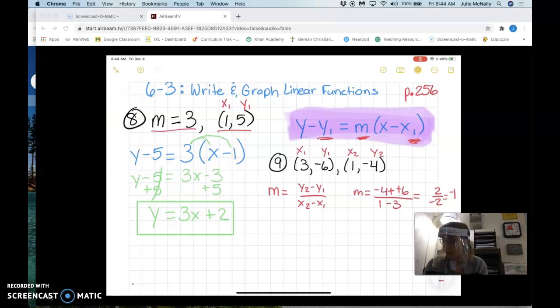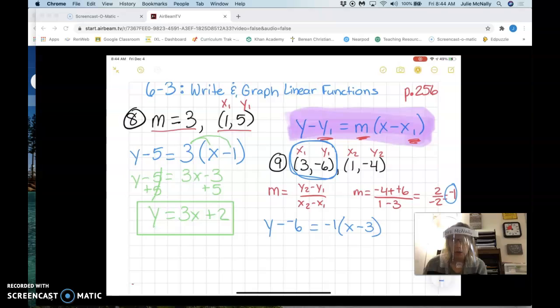Okay, just checking my math. And then I can add it to this new formula up top. So I have y minus a negative 6 equals my slope, which is what we just found, times x minus 3. And I'm using this coordinate because it's my x1, y1. So I'm going to change those to pluses.